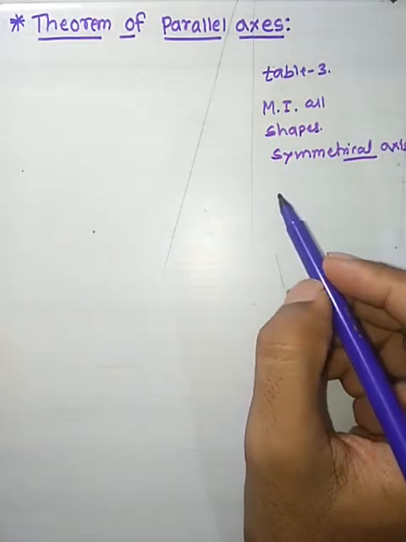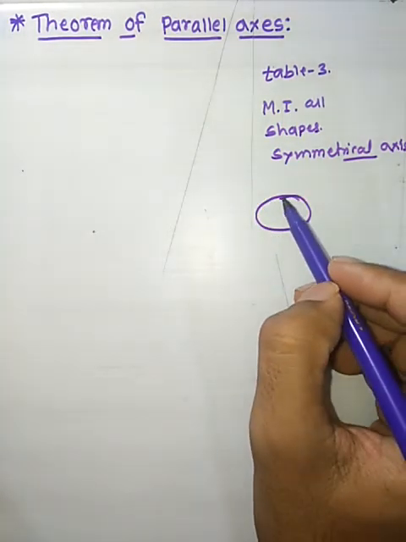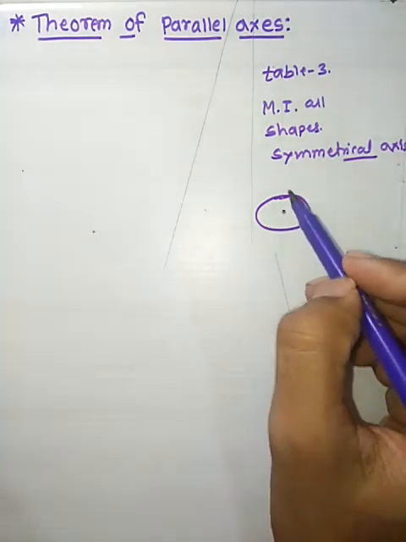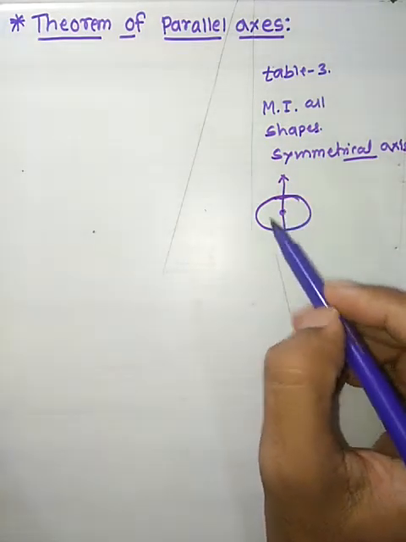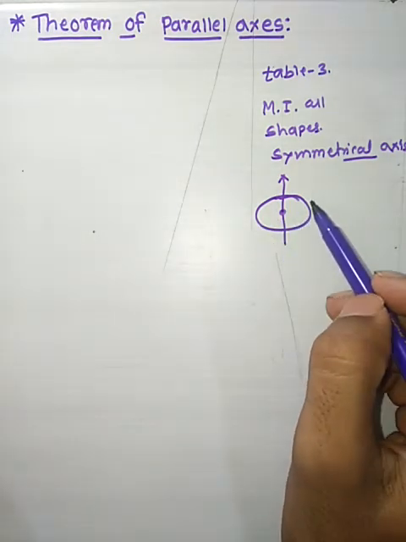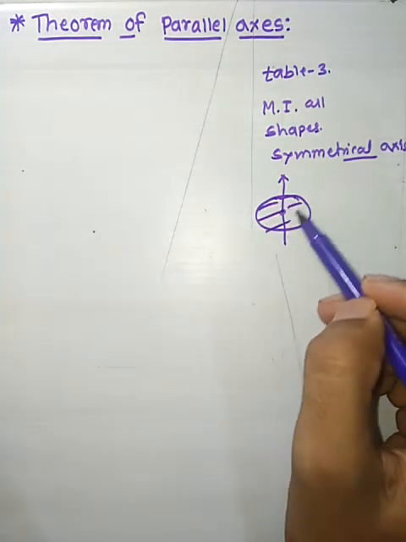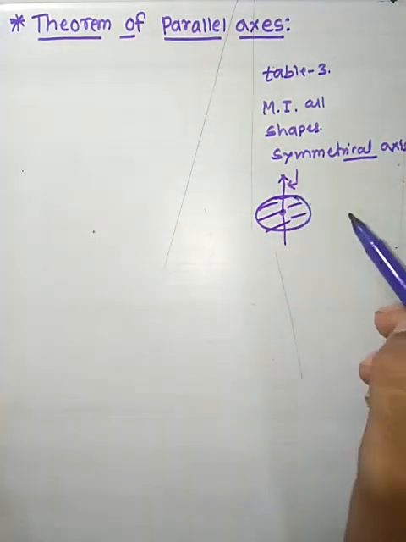Symmetrical axis means what? If you consider this ring and the axis is passing through its symmetry, that is around this axis, the mass of that body is symmetrical about this axis. So this is the axis of symmetry.